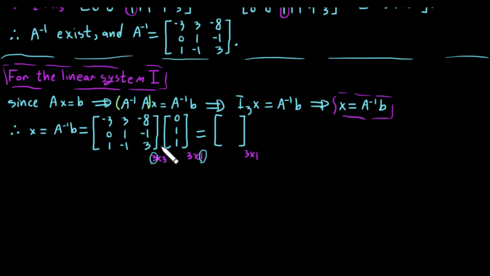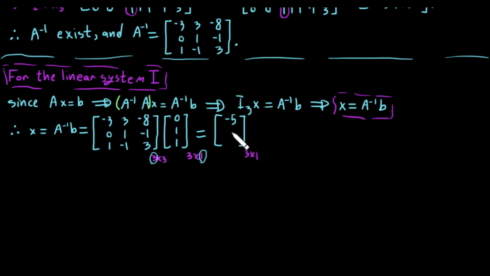So negative 3 multiplied by 0, which is 0, plus 3 multiplied by 1, which is 3, plus negative 8 multiplied by 1, which is negative 8, equals 0 plus 3, which is 3, positive with negative, it will be negative 8, 3 minus 8, which is negative 5. So here I have to write negative 5.